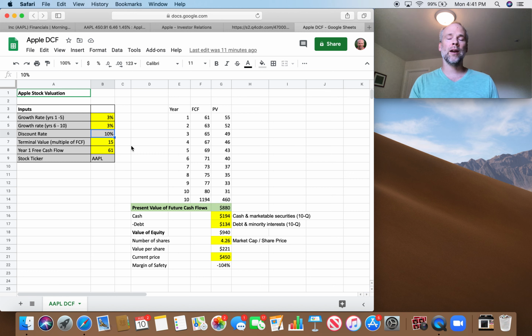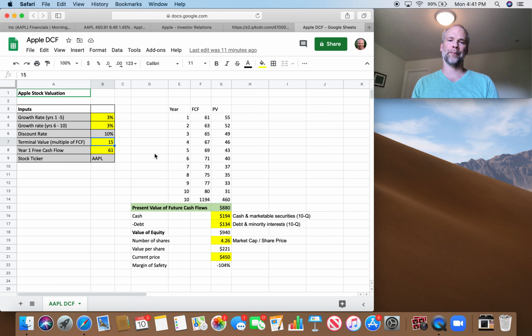Because if I wanted to, I could just invest in the stock market as a whole, like the S&P 500 with an index fund, and get about 10% annually over the long term, okay? So I need to make at least 10% picking individual stocks for that to be worth it for me. So I'm going to discount these cash flows back to present value using a 10% discount rate.